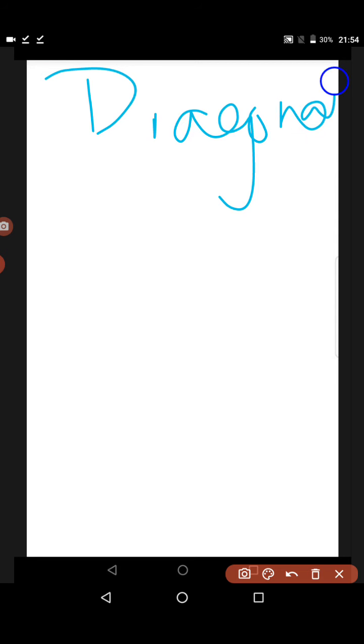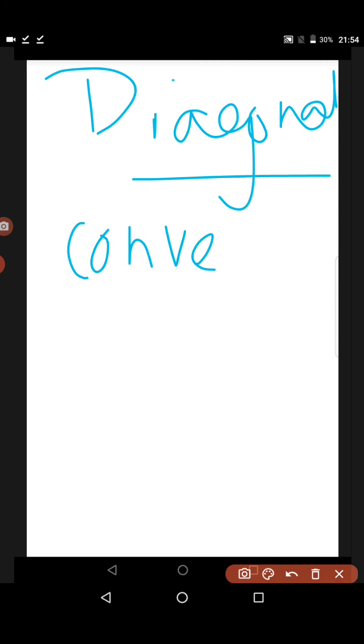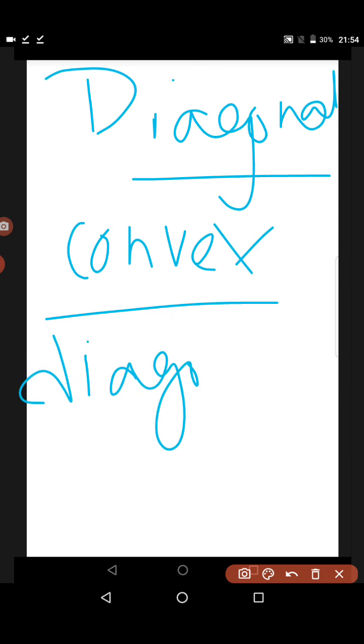And diagonals we'll discuss for this concave and convex. First, I am discussing convex. This convex quadrilateral has diagonals on the inner side, okay? Diagonals inner side.